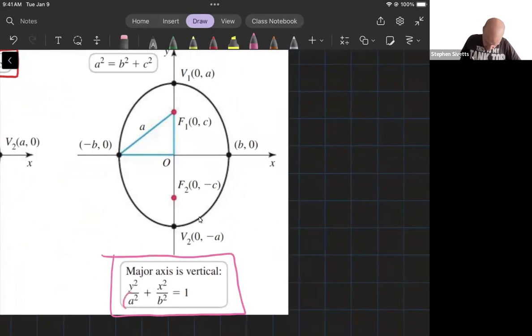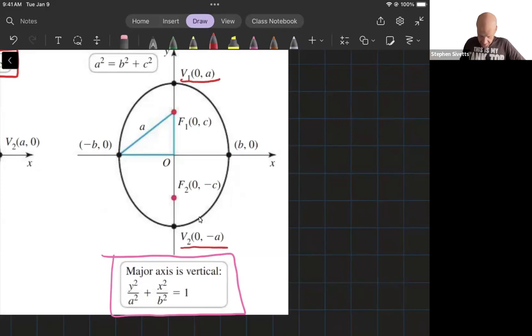So the a squared quantity is in the denominator of the y squared value. The vertices will be on the ellipse with respect to the major axis being the y-axis.